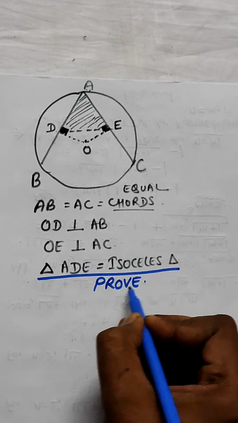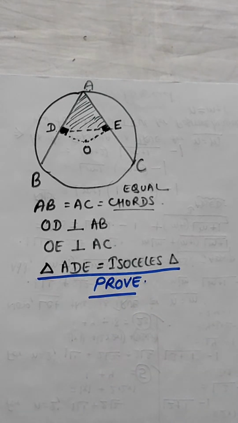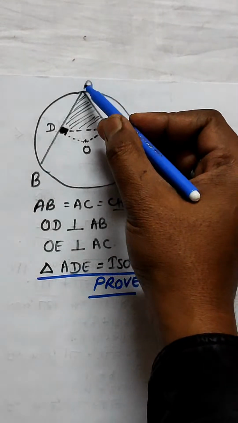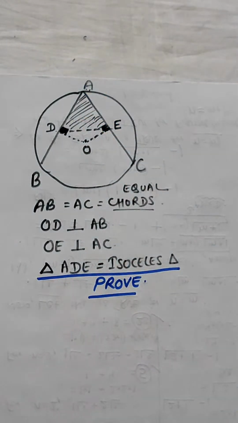This is the question. Now how will we prove that triangle ADE is isosceles? Let us see it.